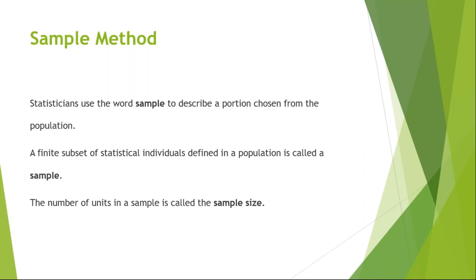That 100 becomes a finite subset, and that particular 100 represents your sample. That's what we mean. So the sample method is usually used when the population is infinite. The number of units in a sample is called the sample size. So that 100 that you collected out of 10 million is your sample size. Is that clear? All right.